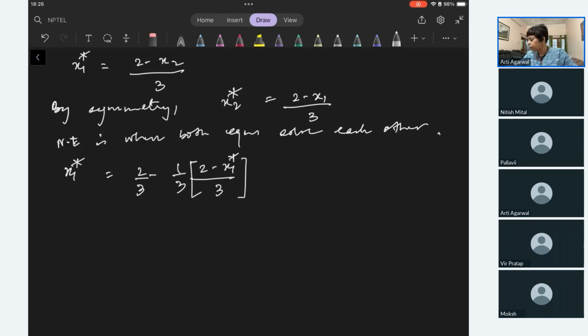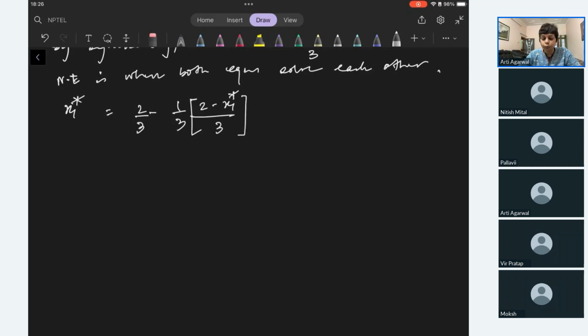I have solved this. Again, I'll encourage you to please do the algebra yourself, because I have already done it and I don't want to take up too much time. I'm just giving you the answer, but I would really prefer it if you actually solve it yourself. So the answer you get is 2 by 5.